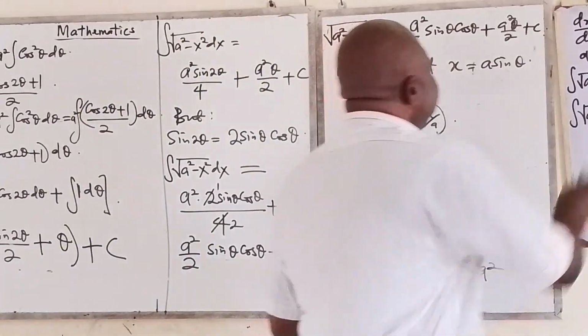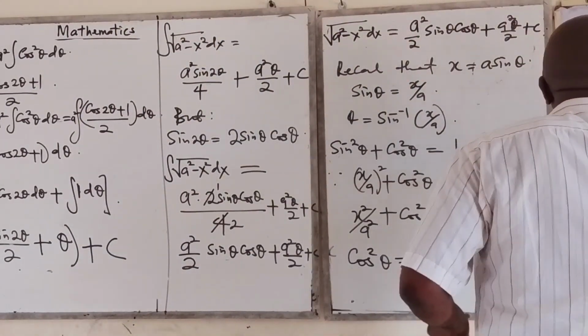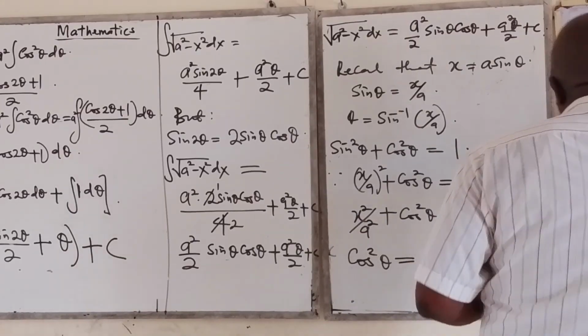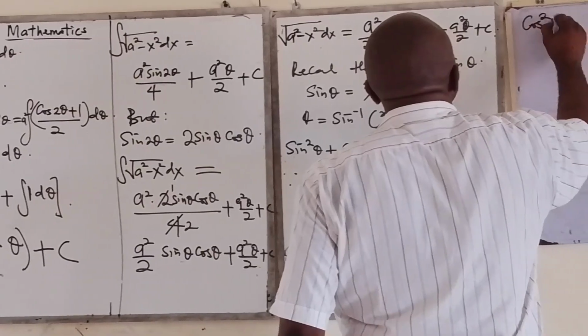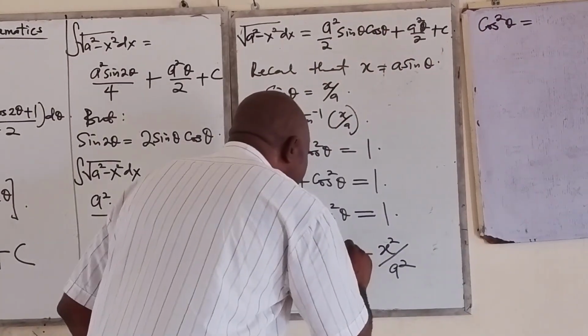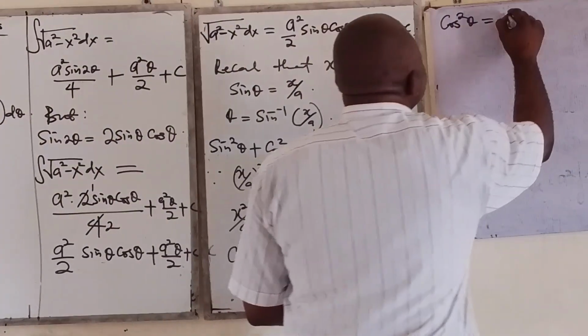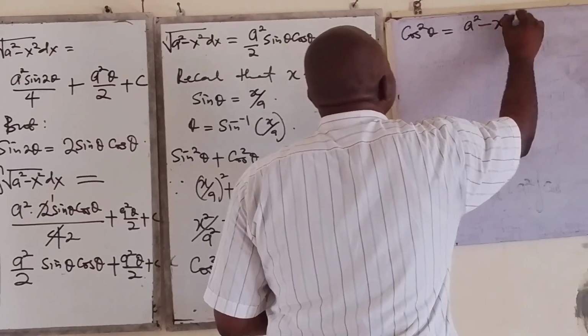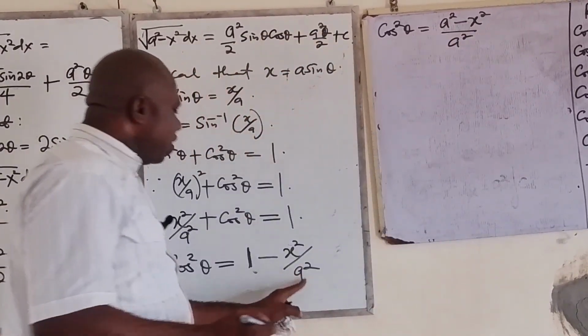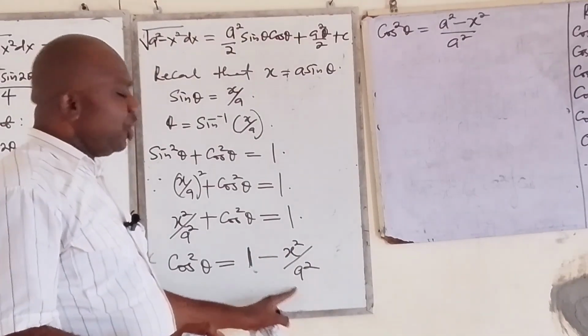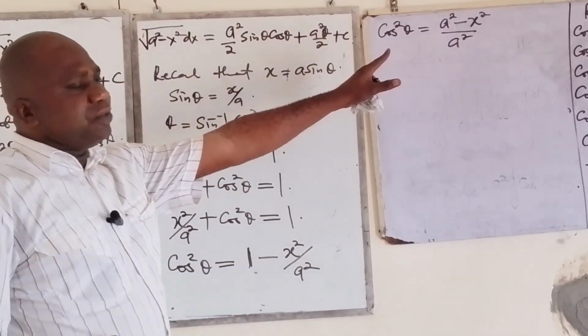So it therefore means that cos squared theta will be equal to 1 minus this. So that will give us a squared minus x squared all over a squared. That is this times this minus this over this. If you look for the LCM, it will give you the same thing.